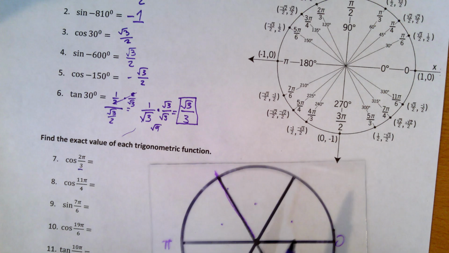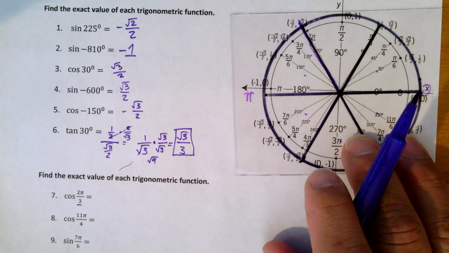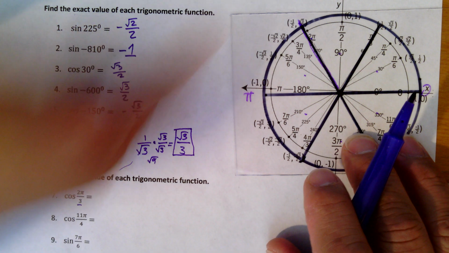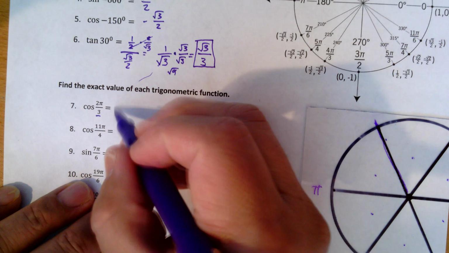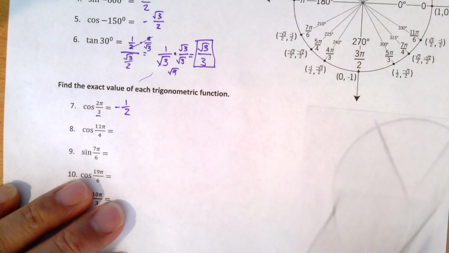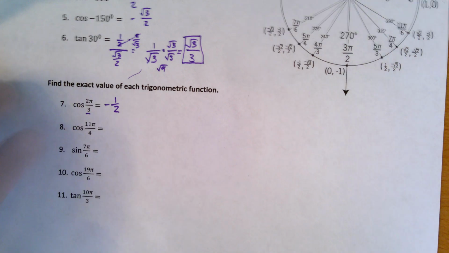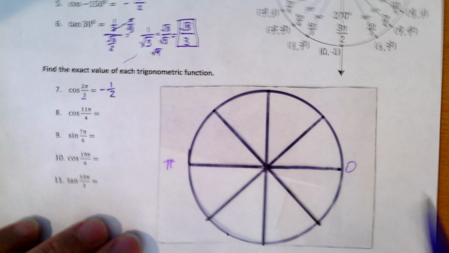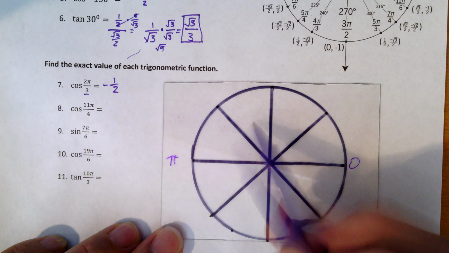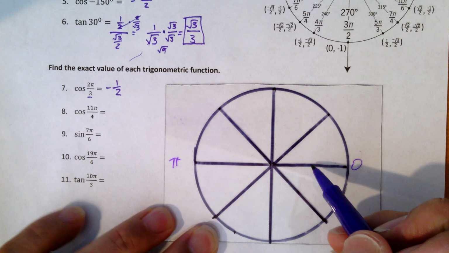So this is the position where I'm going to find the cosine value. That position would be 120 degrees up here. And then the cosine value would be the x value, so it would be negative 1/2. The second, number 8, would be 11 pi over 4. So I need to find my unit circle where I'm dividing pi into 4 slices. 11 pi over 4, that means I'm going to go 11 slices over.